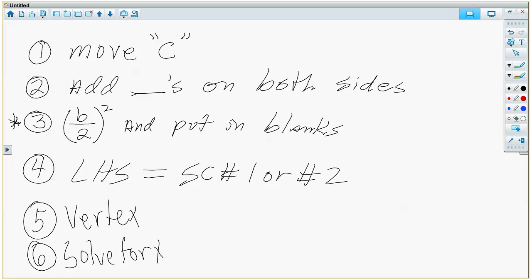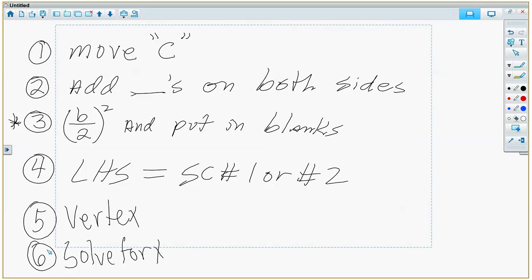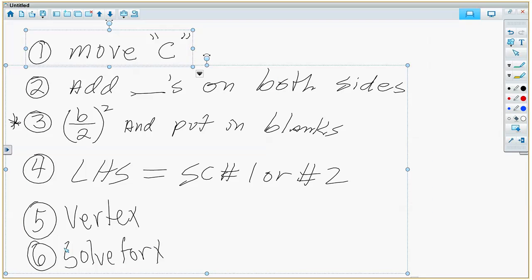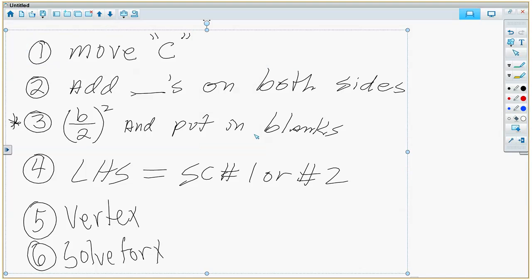So, let's do one. Now, I don't know how long that took you to draw in your notebook. What is LHS stand for again? Left-hand side.